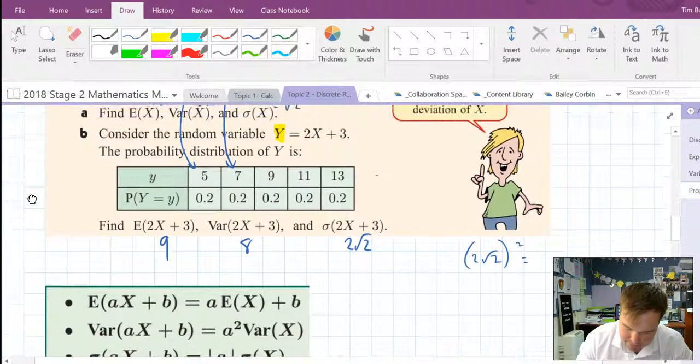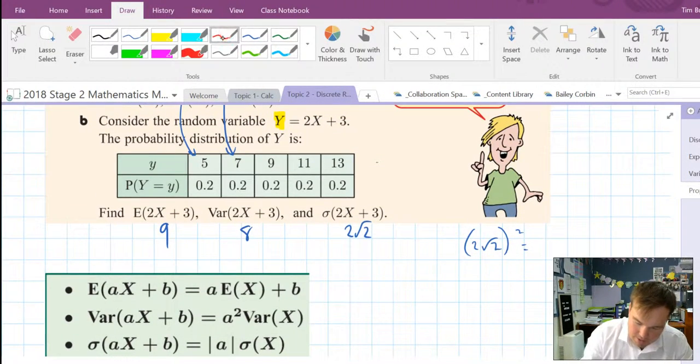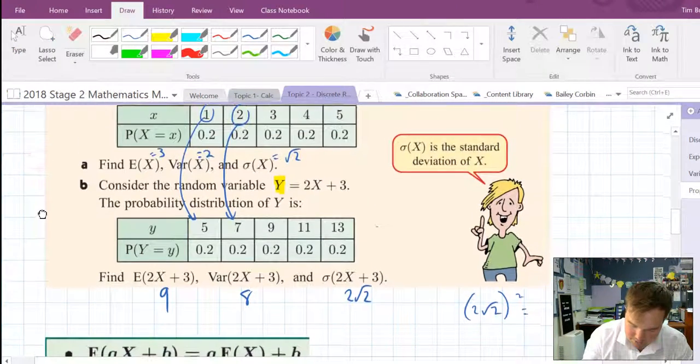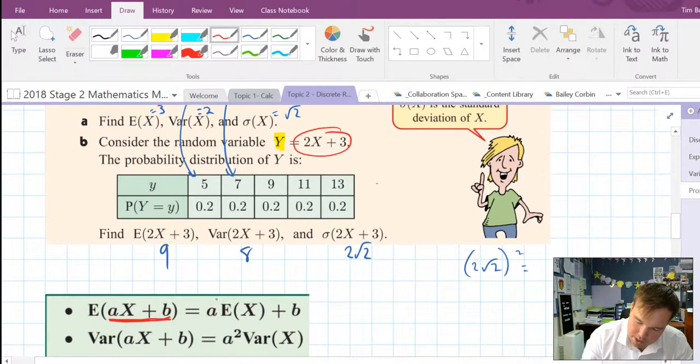These rules should give us a hint. If we take the expected value of an adjusted distribution, aX plus b, in our case here, 2X plus 3, that should be a times E(X), so a times the original expected value, plus b.